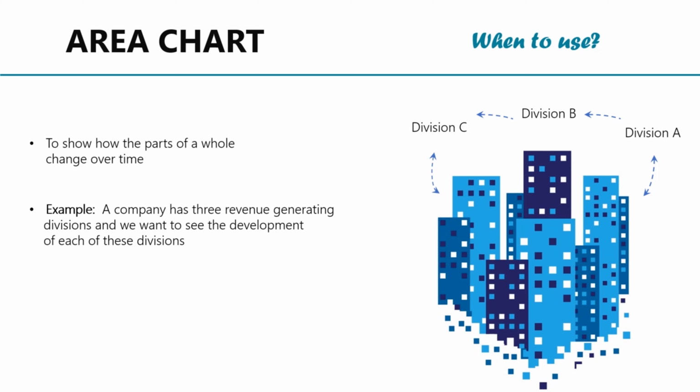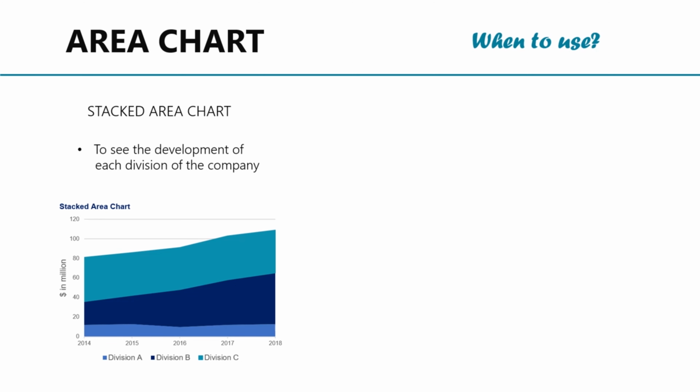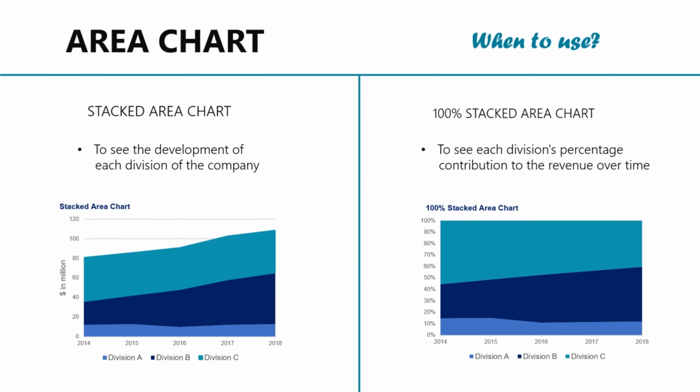Say, revenues from one division have been growing rapidly, while the other two have kept the same level. A stacked area chart is perfect in this case. However, if we are interested in the portion of revenue generated by each division and not that much in the total amount of revenues, we can simply use a 100% stacked area chart. This will show each division's percentage contribution over time.